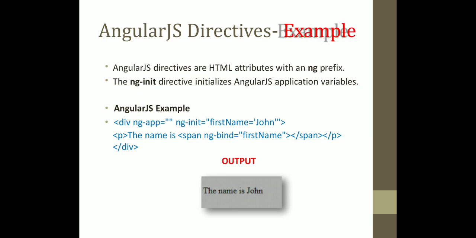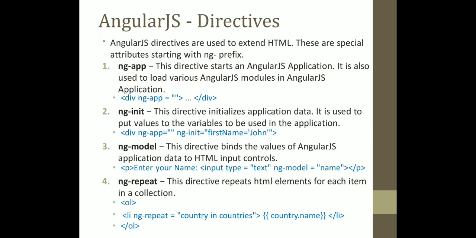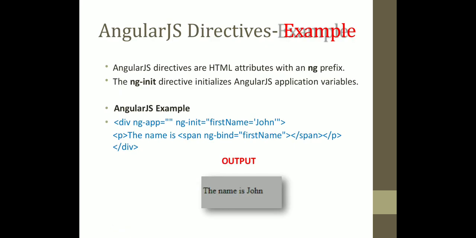So the output will be: the name is John. Here we can see how the application is executing. In the paragraph tag we have given the statement the name is, and we are taking the value of the particular variable with ng-bind, calling the firstName variable. The firstName variable is initialized with the ng-init directive and given the value John.